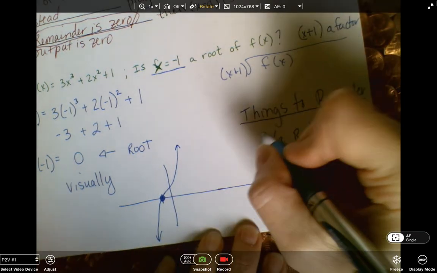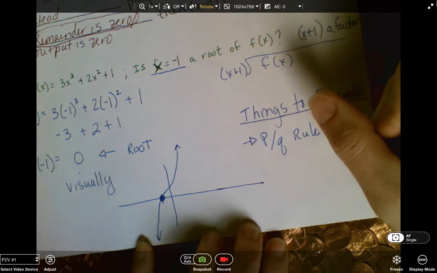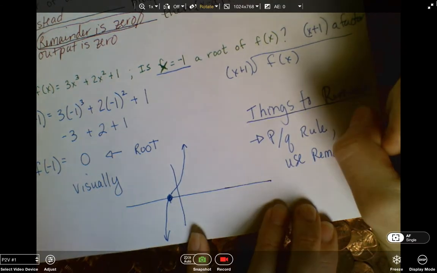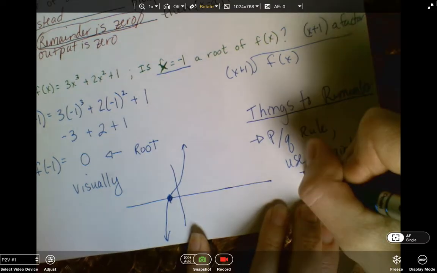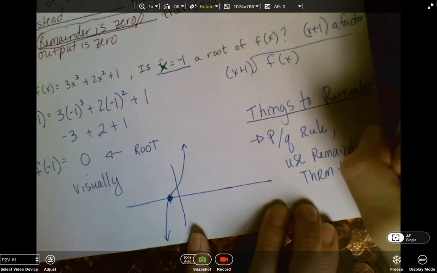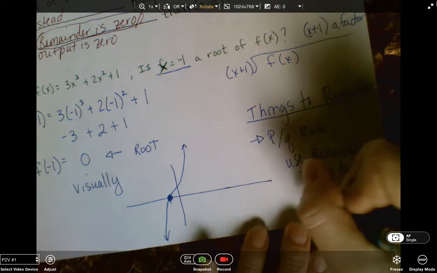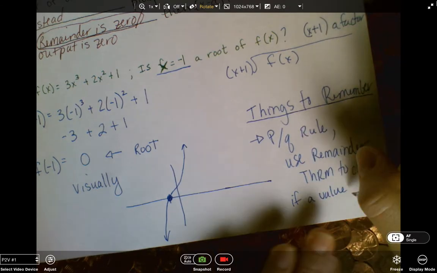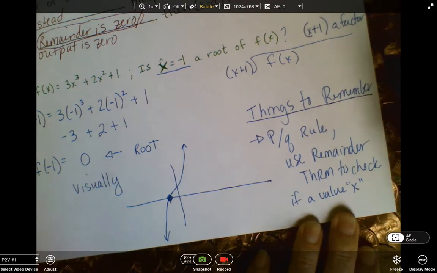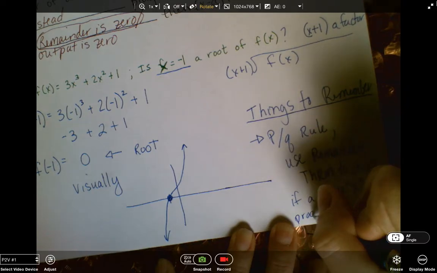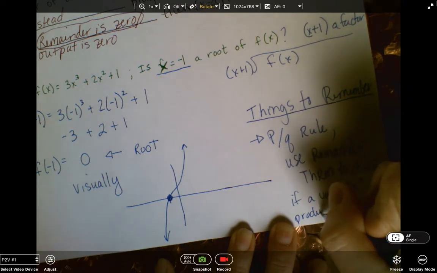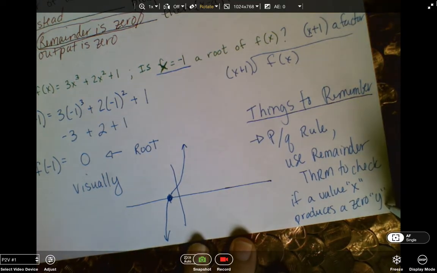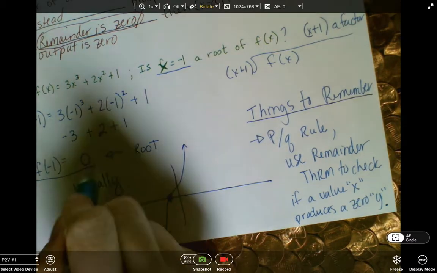When we're doing the P over Q rule, use the remainder theorem to check if a value x produces a 0 y, like this one.